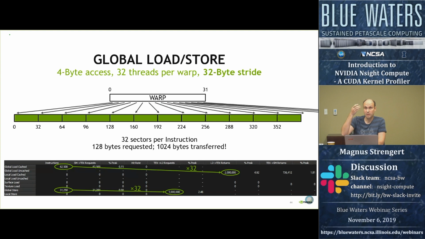And I wanted to stress that example: in total, the warp only wants to read 32 times 4 bytes. So in total, the kernel asks for 128 bytes, but what actually gets transferred internally would be 1K bytes from L2 back to L1, because it needs to read all these sectors.